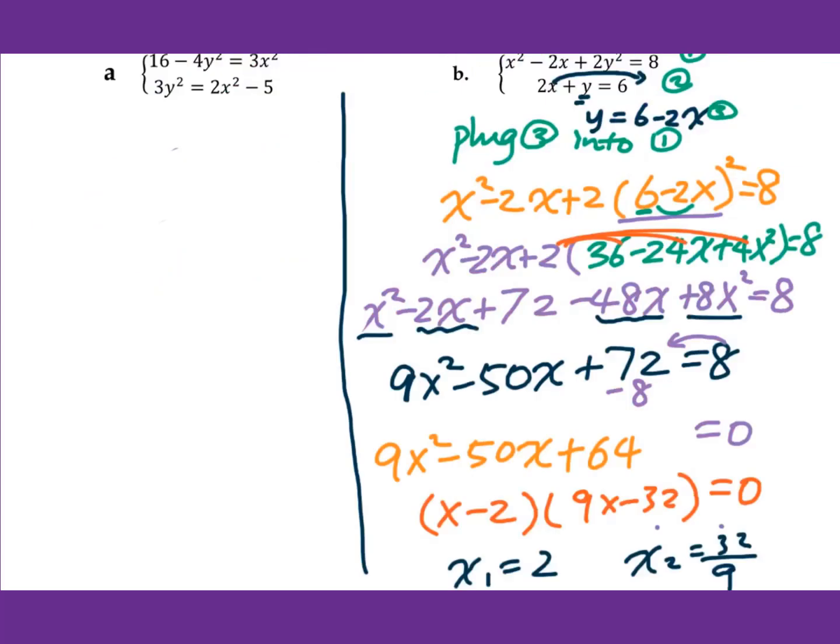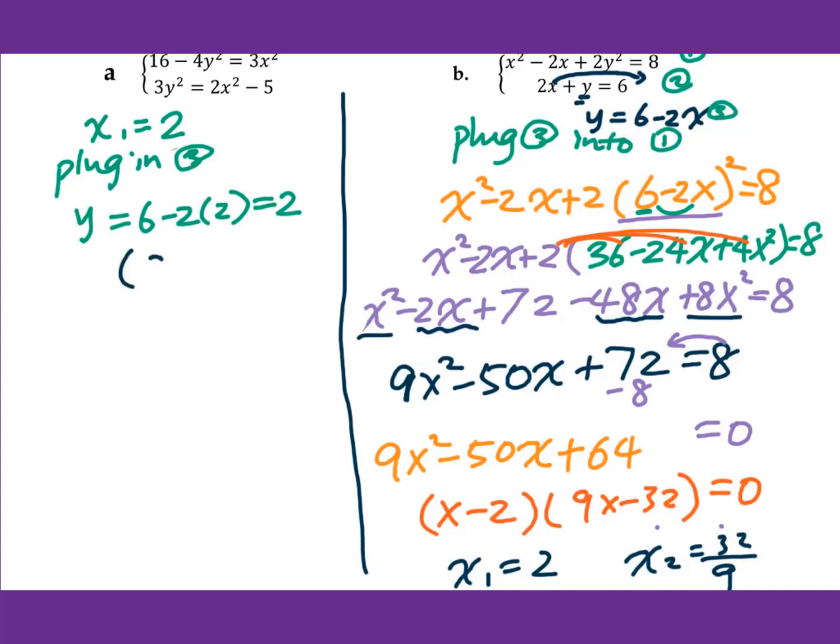Now we plug in when x1 equals 2. Plug into equation 3. You will get y equals 6 minus 2 times 2 equals 2. Therefore, (2, 2) is one solution.